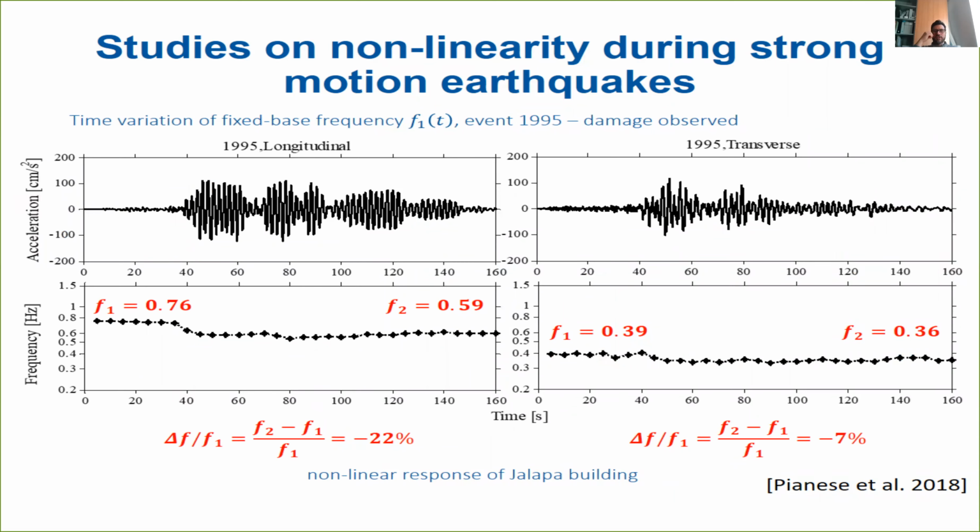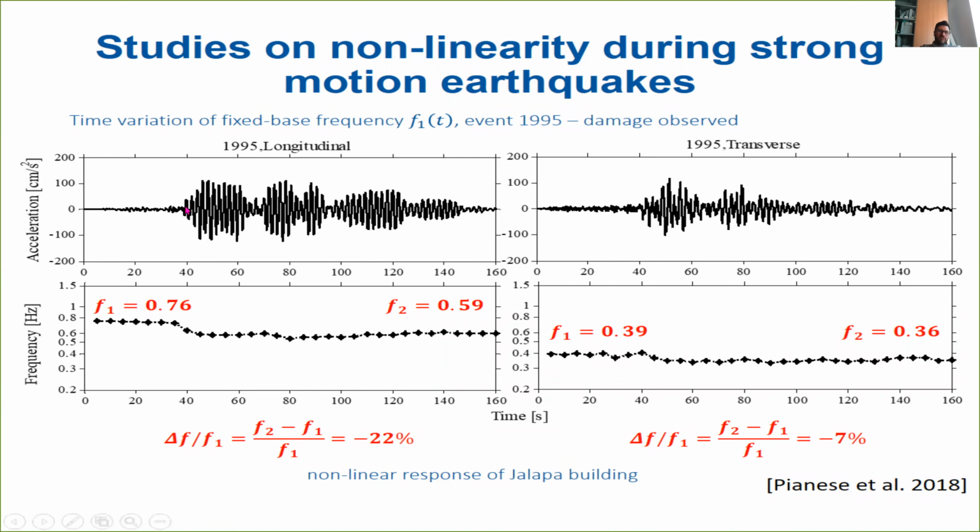If we look at the event of 1995, looking a little bit at the recordings that were taken in the structure on the longitudinal and transverse component, we estimated the fixed base frequency, so only the frequency, let's say in this way, for the building itself without accounting for the coupling with the soil.